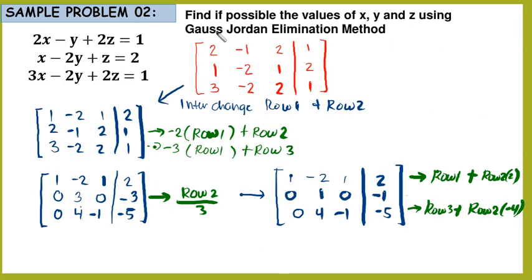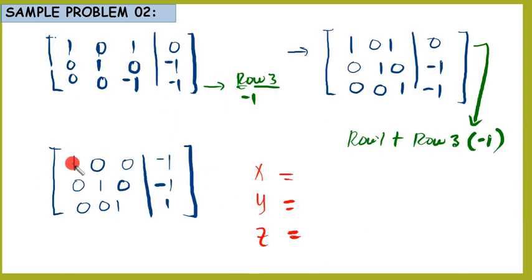Remember, in our example here, our first element is x, our second element is y, and our third element is z. So dito, yung first element natin na merong 1, that is x. Yung second element natin na may 1, that is y. So that is equal to negative 1. And yung third element natin na merong 1, which is the z, this will now be our z.